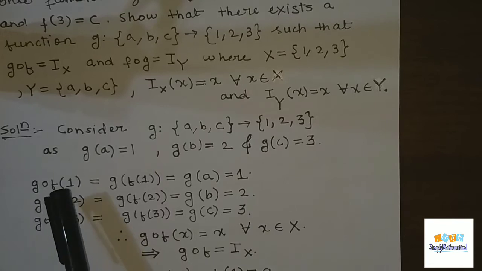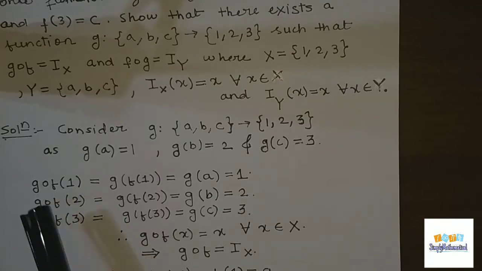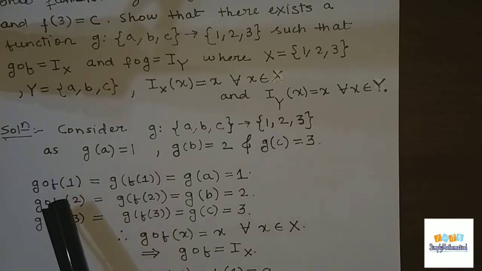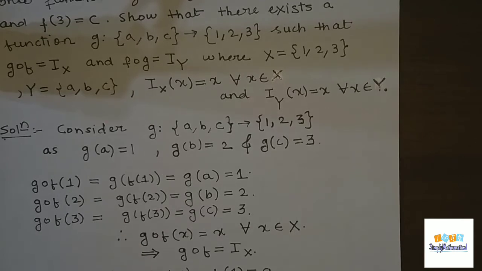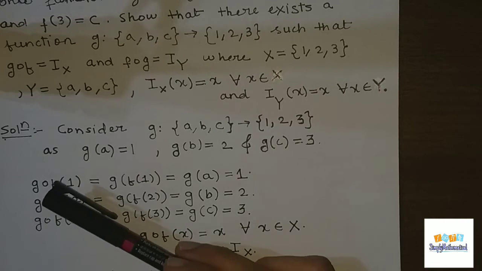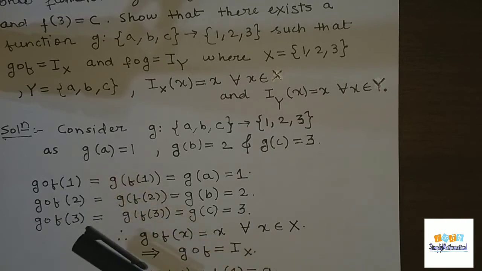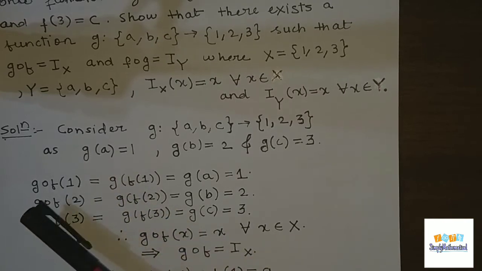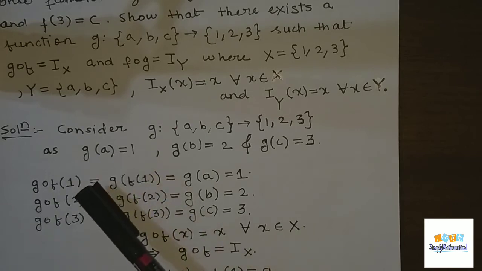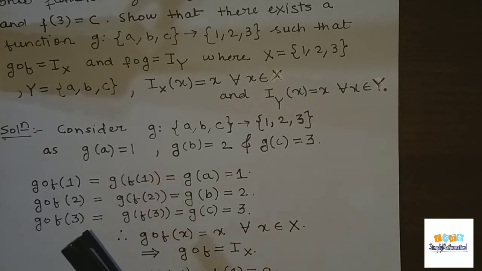Now if you look at the function g composition f, we have to find the function by looking at all the values in the domain and taking the function value at that point of the domain.